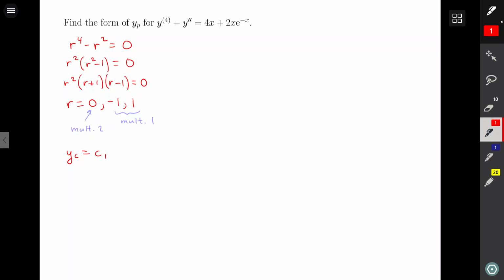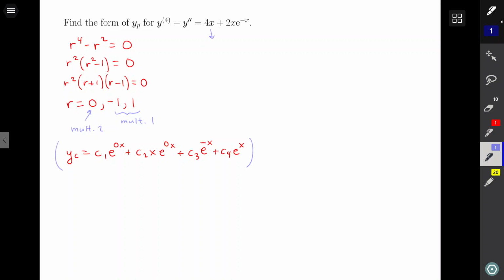It'll be a constant multiplied by e to the 0x plus a constant times x multiplied by e to the 0x, and then another constant multiplied by e to the minus x plus yet another constant multiplied by e to the x. So the repeated root has you put an x in there, like you probably already know from the second order equations. But anyway, that's just a parenthetical statement.